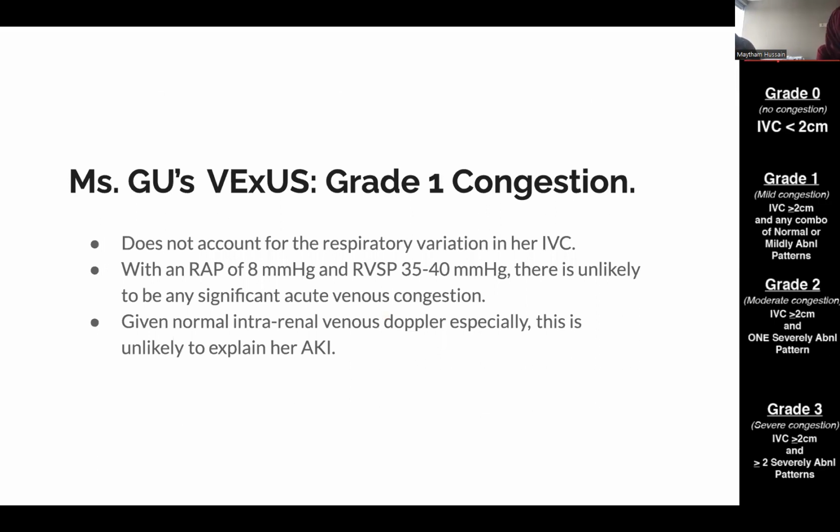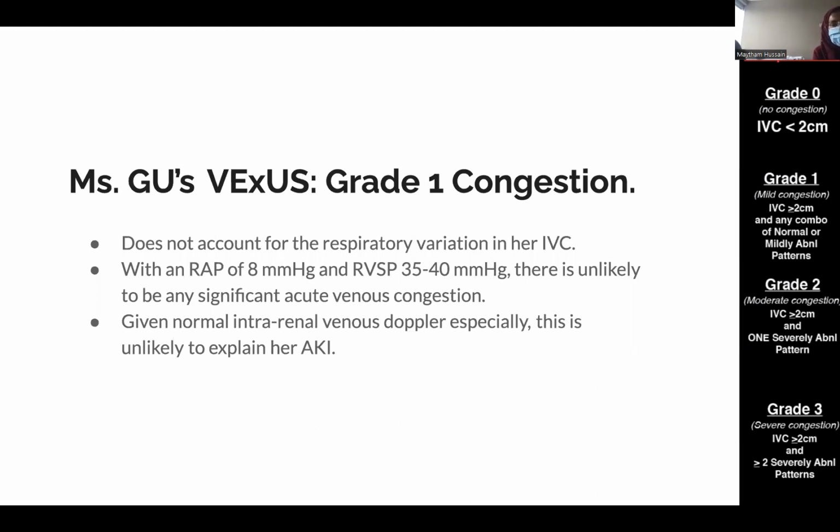So ultimately, based off of her VExUS findings, she gets a grade 1, given her IVC was greater than 2 centimeters and the remaining venous Dopplers were normal, overall suggesting mild congestion, as we mentioned. As we said, this doesn't account for the respiratory variation in her IVC.